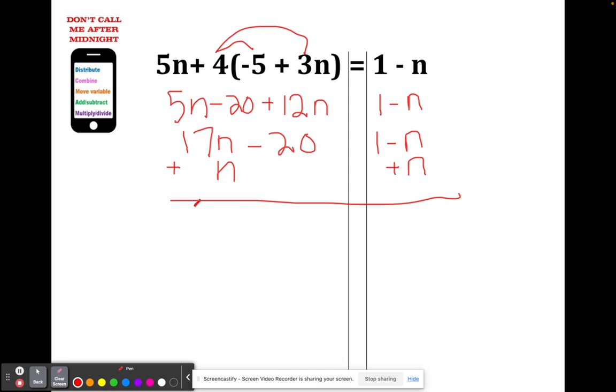And I have 18n minus 20 equals 1. Let's add 20 to both sides.